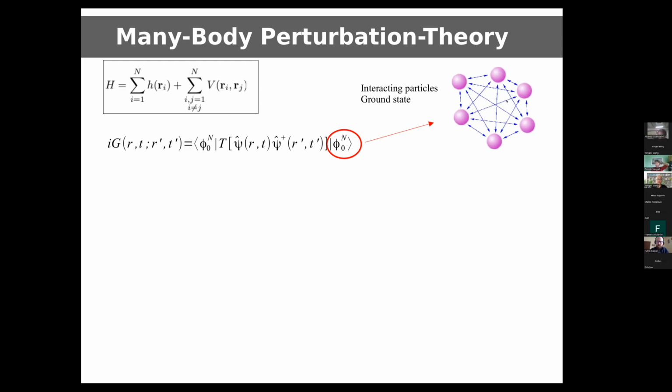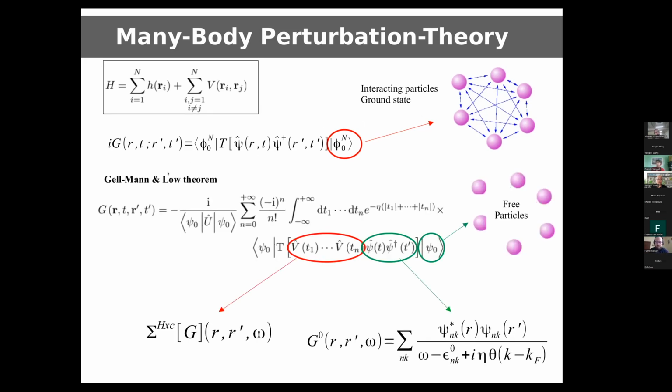So imagine that these electrons obey this Hamiltonian, where they have a bare term or a non-interacting term, which can be, for example, the kinetic energy plus the external potential due to the ions, plus a term which describes the interaction among the electrons, which is depicted here by these arrows.